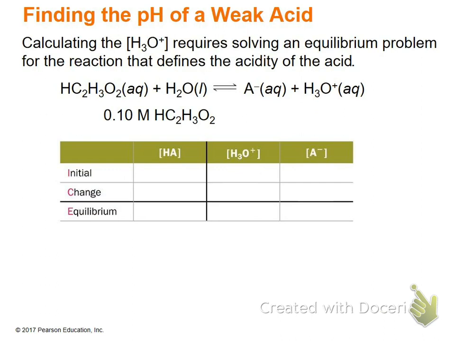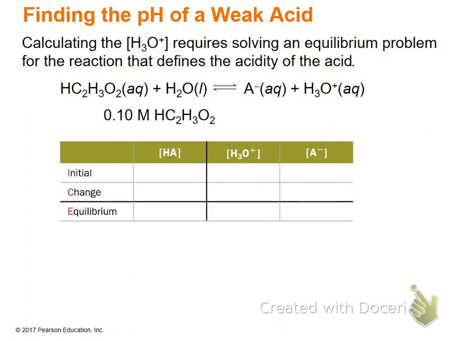All right, so how do we find the pH of a weak acid then? Because we know that weak acids don't dissociate completely in water, it's going to reach equilibrium at some point, so we have to use the equilibrium symbol here. Calculating the concentration of hydronium ion requires solving an equilibrium problem for the reaction that defines the acidity of the acid.